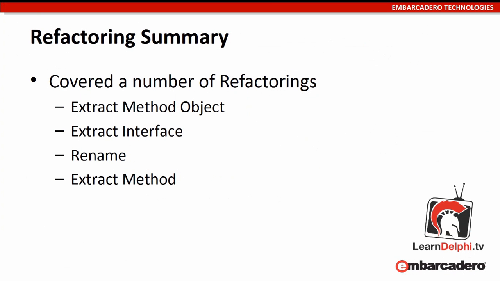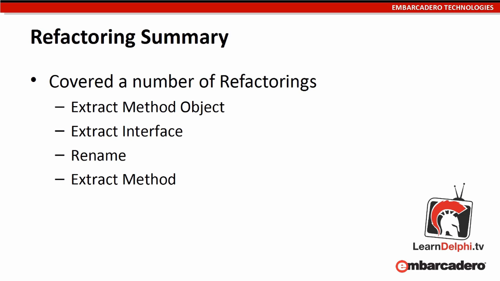We've covered a number of refactorings in rather a crude fashion. However, in so doing, we've managed to somewhat improve our code quality, although it's still pretty hideous. Normally you wouldn't do refactorings just for the sake of it. Instead you'll be trying to add some feature, but want that feature to fit cleanly in with existing code. Our first refactoring was extract method object, where we took a method and created a whole new class around it.